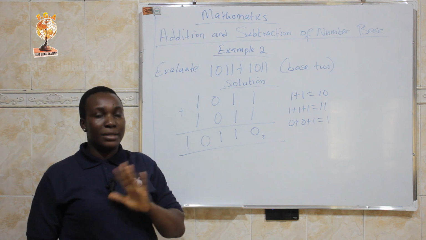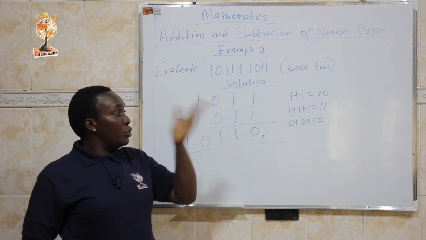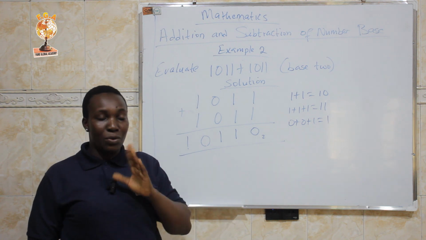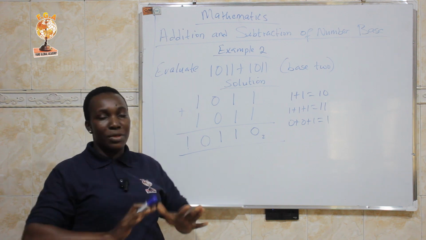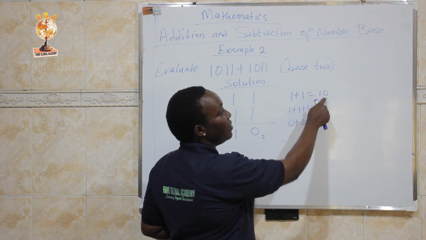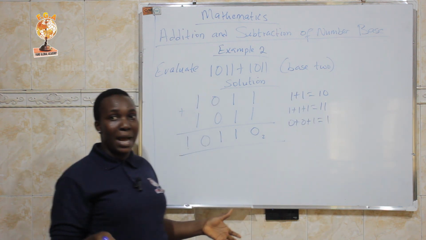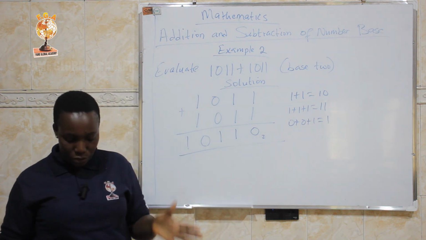That's the definition of binary. So anytime we are dealing with binary numbers, the only answer you are permitted to have is 0 and 1. There is nothing more than that. That is why 1 plus 1 is giving us 10 instead of 2 as a normal addition, because we are dealing with what? Binary. I hope that is understood.